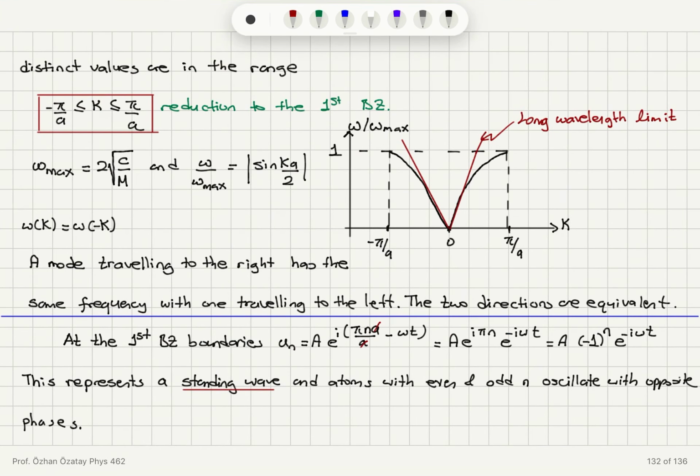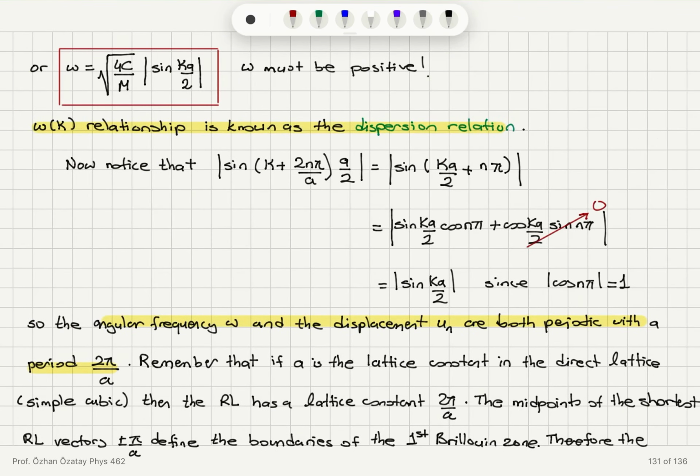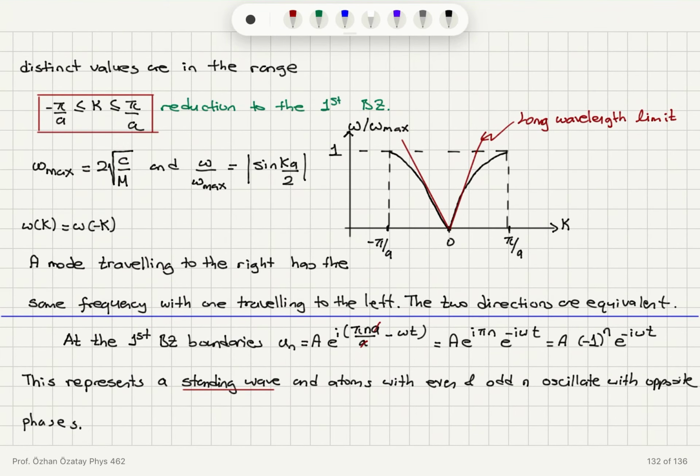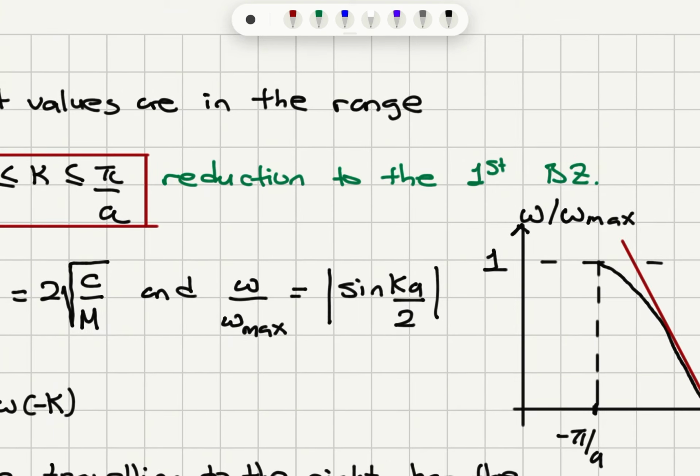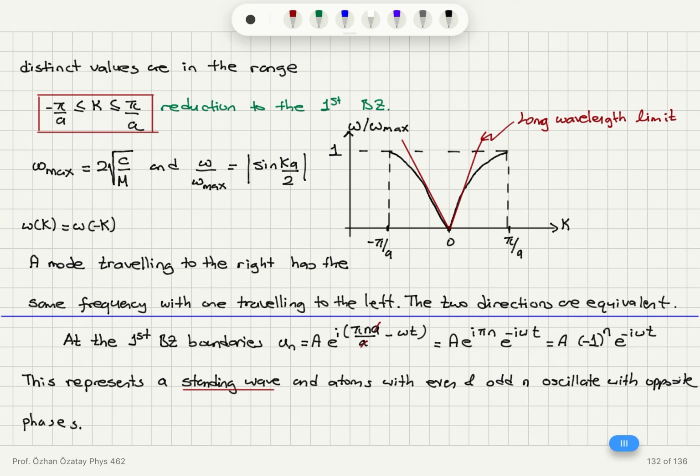So what is our conclusion? Therefore, because we have periodicity 2 pi over a, the distinct values of k will be in the range minus pi over a to plus pi over a. That's called reduction to the first Brillouin zone, because after that point, for the other Brillouin zones, we have the same thing repeating itself.